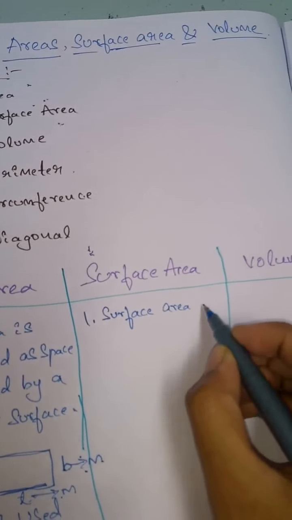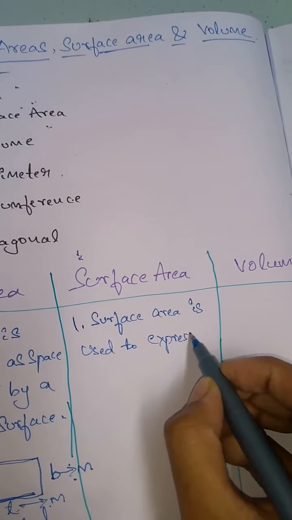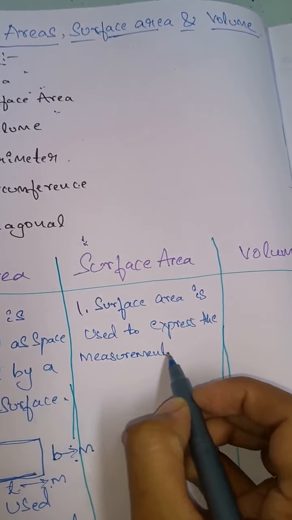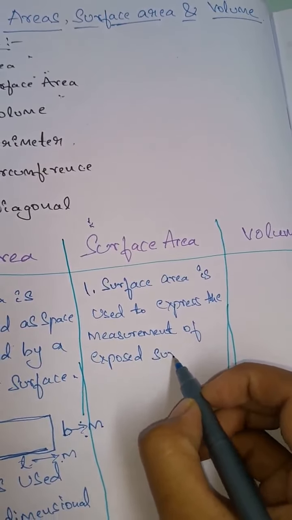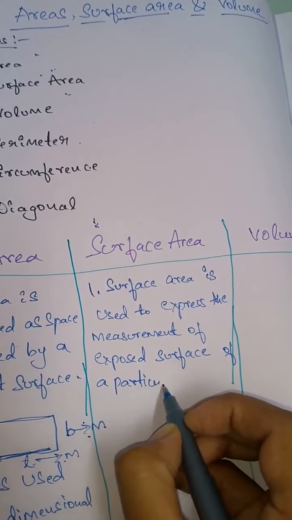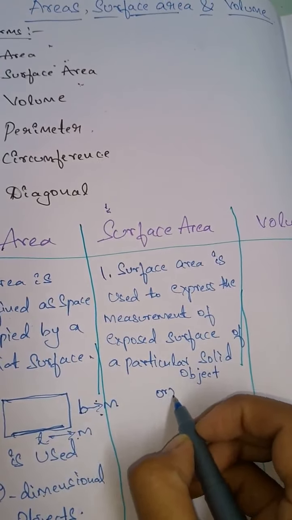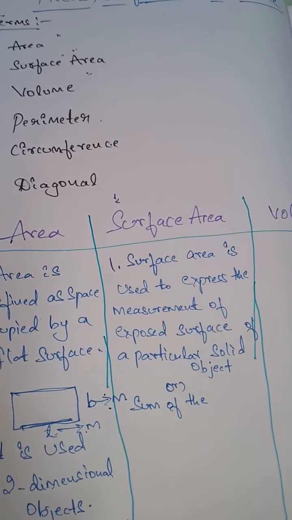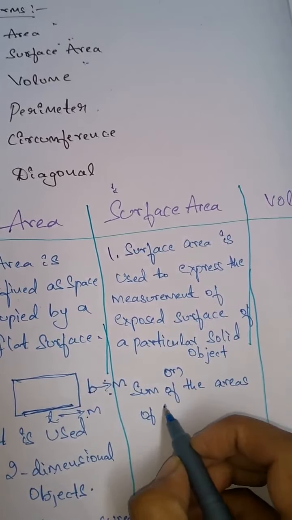Surface area. Surface area is used to express the measurement of the exposed surface of a particular solid object, or easily we can remember it as the sum of the surface areas of its faces.